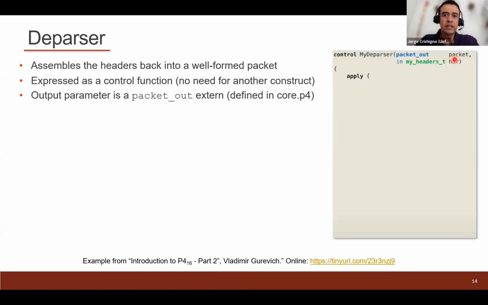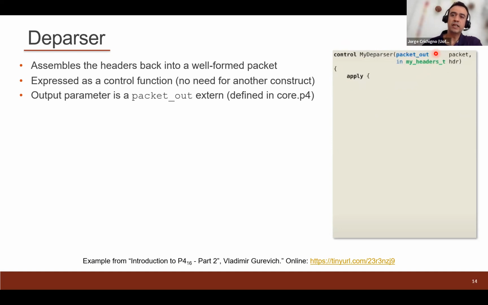And the way to do that is by writing a program that is expressed as a control, as we see here, and has an output parameter that is the packet. And the packet is just the bit stream. So that will be constructed, built with all the headers that have to be in the packet.